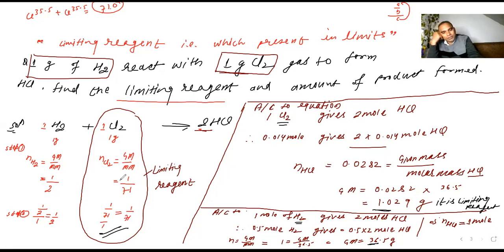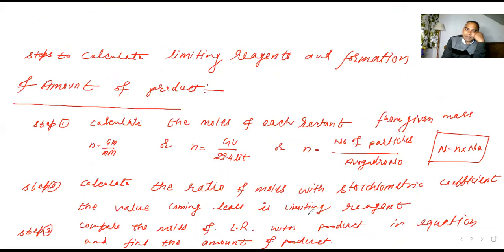Okay, I'm waiting, no problem. Then on the other side, what we did was we took the number of moles and we divided it by what? Stoichiometric coefficient. See the previous slide. What is the stoichiometric coefficient?